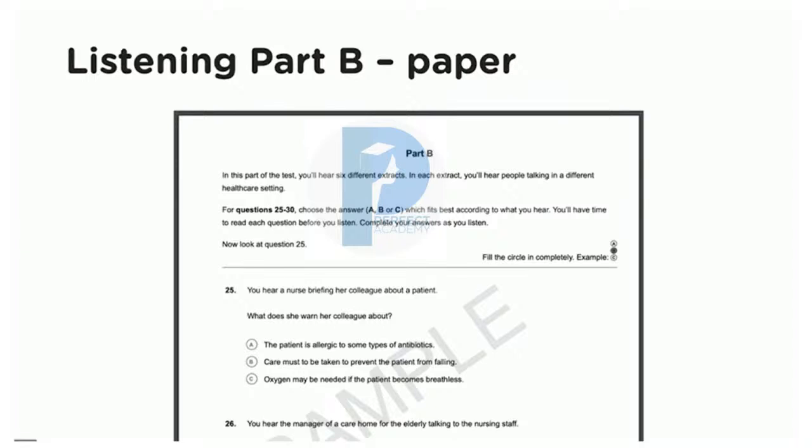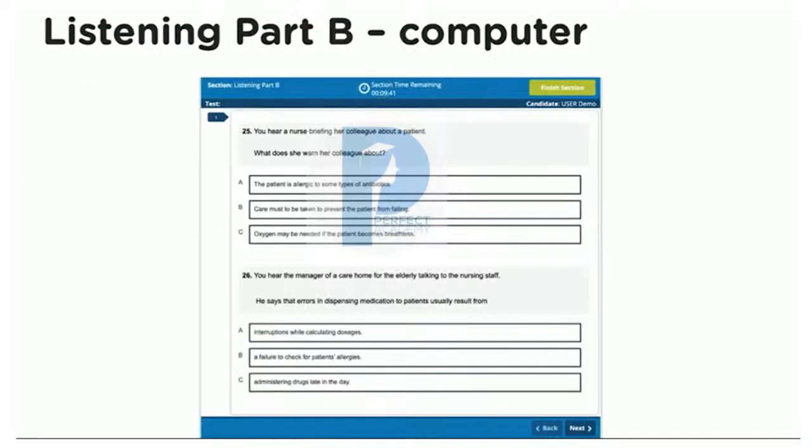So next is listening part B. You see the pen and paper way. You see that there are 3 options to it. The 3 options specifically tell you how you need to answer it. And this is how the computer-based listening paper part B looks.